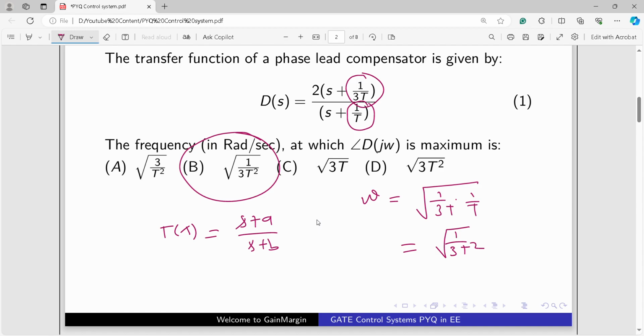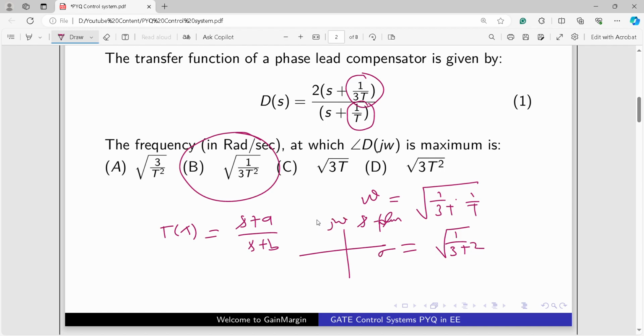In the case of a lead compensator, the zero is near to the origin, and we can say the zero is dominant over the pole. Like this is the S plane, this is my j omega axis, and this is the real axis.